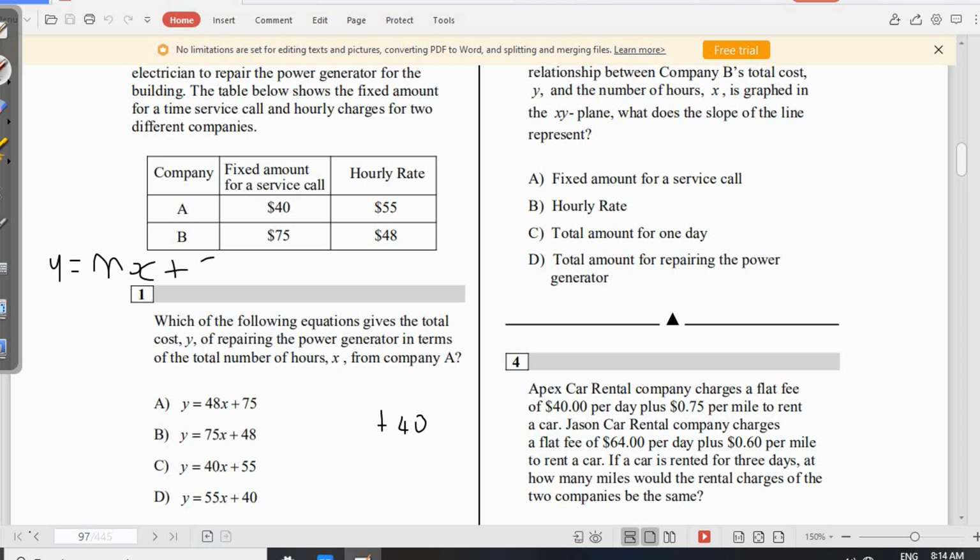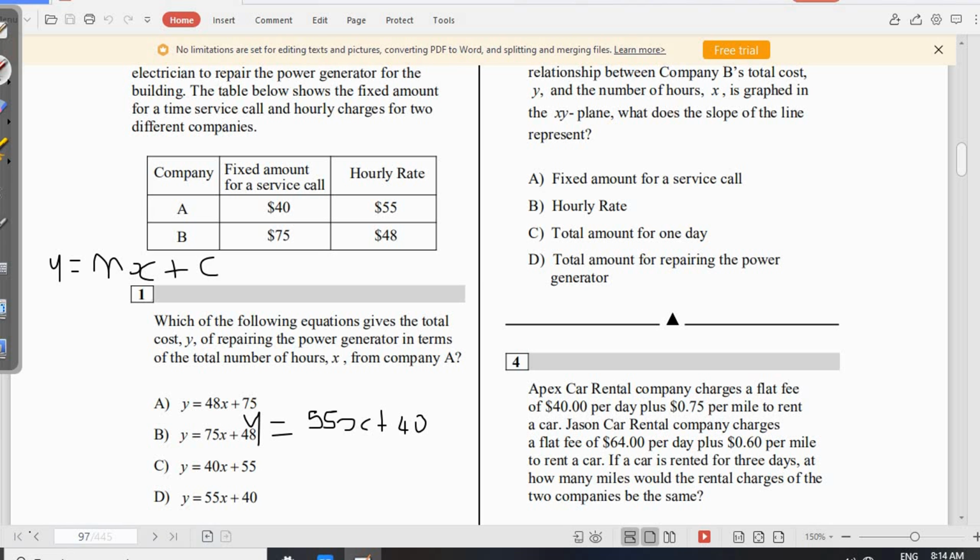From y equals mx plus c, which is the equation for partial variation, we have for company A: plus 40 and then 55x, where x is the number of hours. So y, the cost, is equal to this for company A.